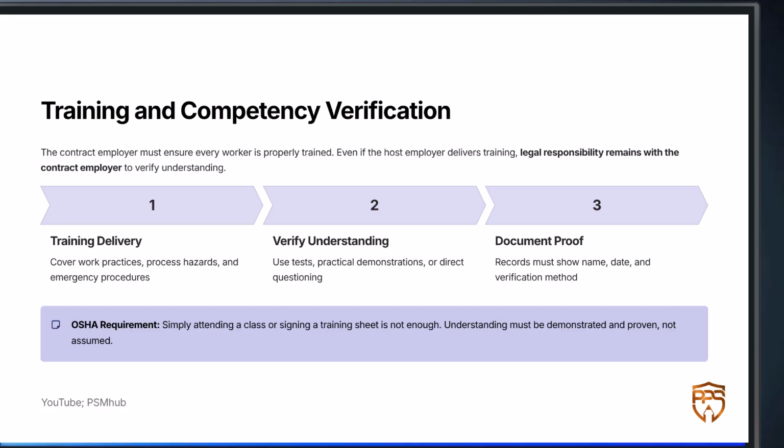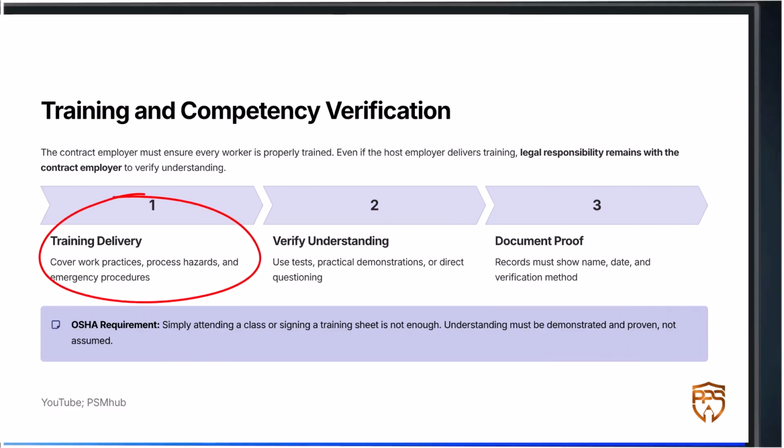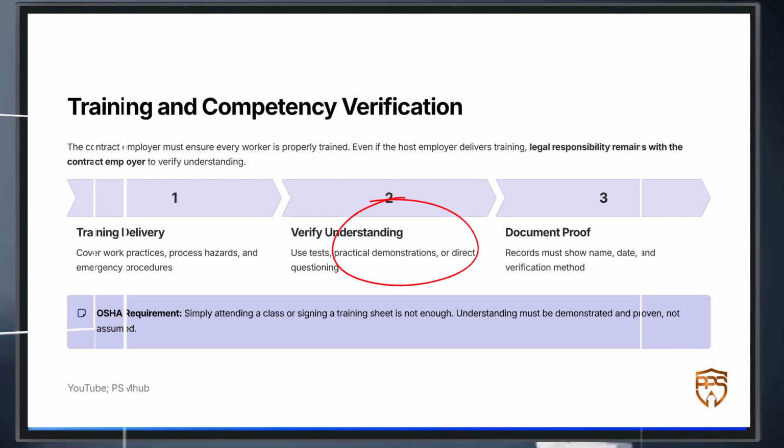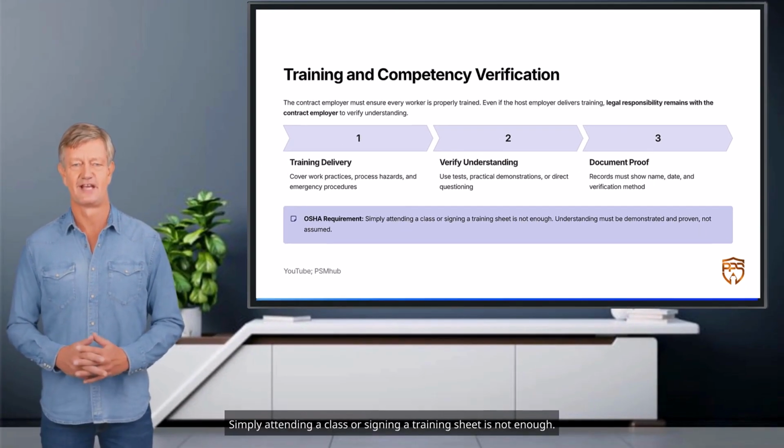OSHA is very clear on one critical point here. Even if the host employer delivers the training or provides classroom instruction, the legal responsibility remains with the contract employer to ensure that their workers actually understood the training. Simply attending a class or signing a training sheet is not enough.